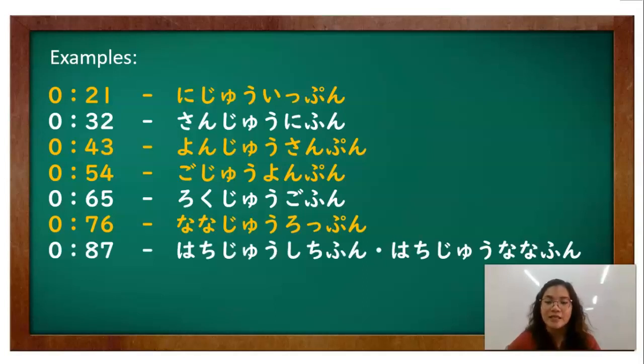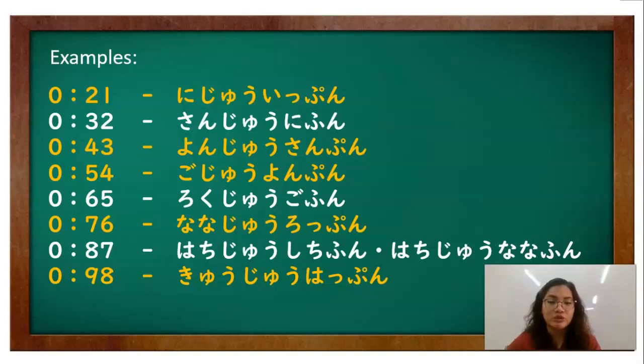87 is Hachiju Shichifun or Hachiju Nanafun. Next, 98 is Kyuju Hapun.